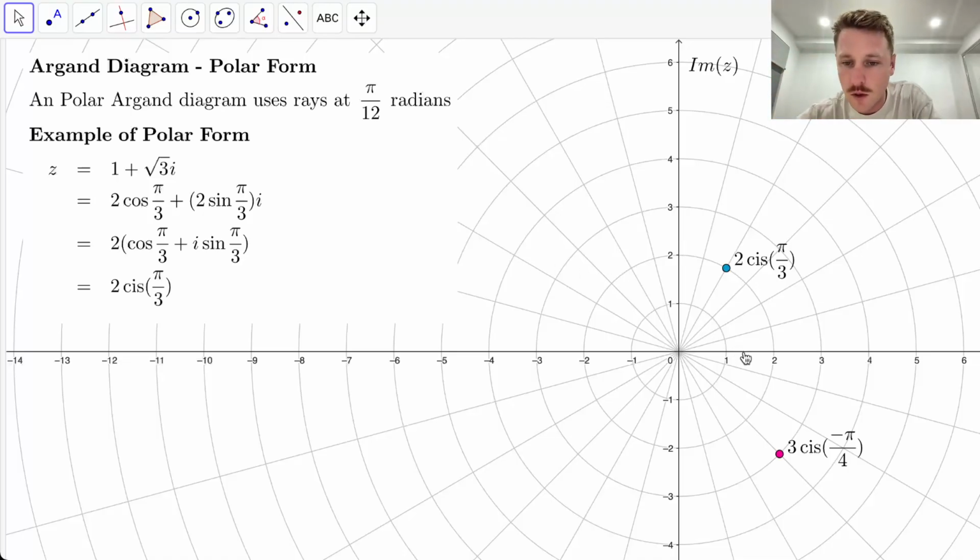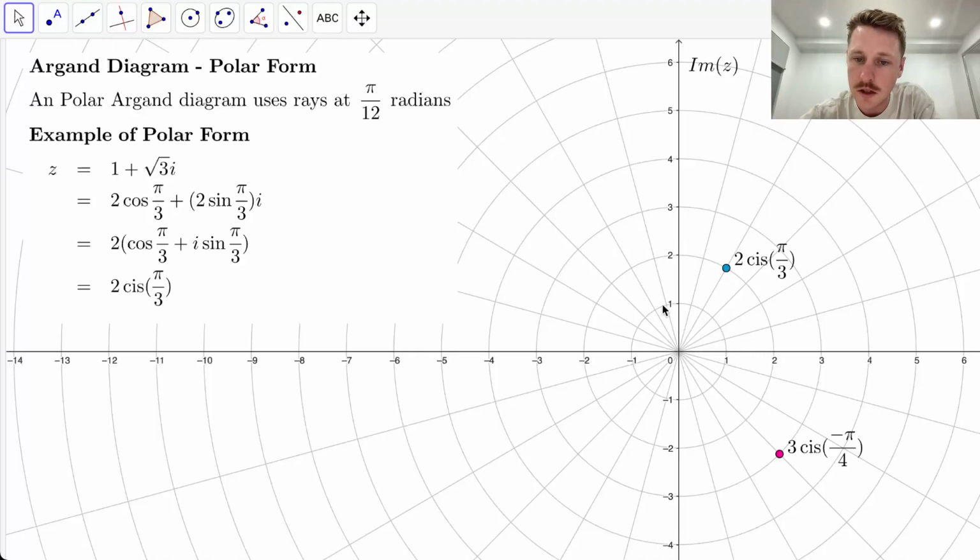And basically each ray here represents pi on 12 radian increments. So pi on 12, pi on 6, pi on 4, pi on 3, whatever this one is, and then pi on 2. And so we're going around in increments of pi on 12.